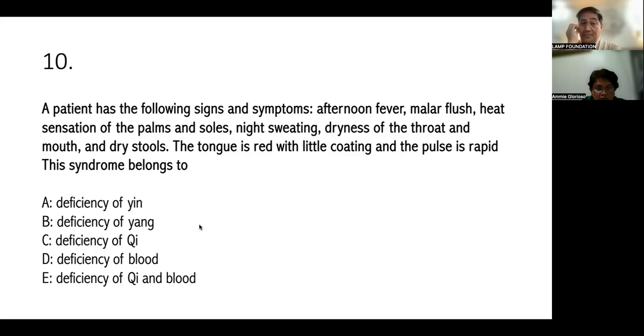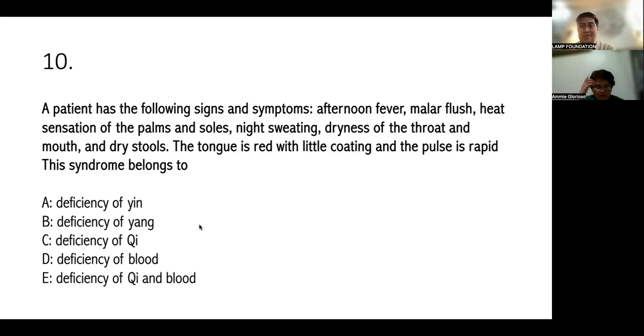The tongue is red with little coating and the pulse is rapid. These syndromes belong to letter A, deficiency of yin. Very easy, it just keeps repeating, right?